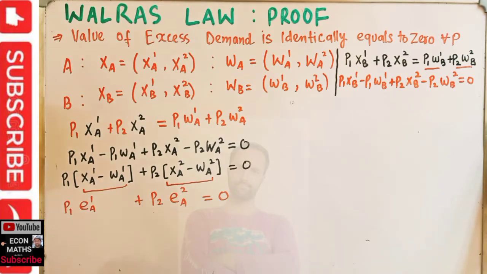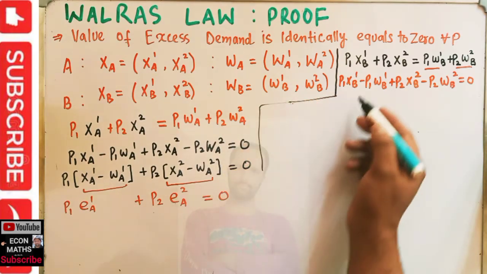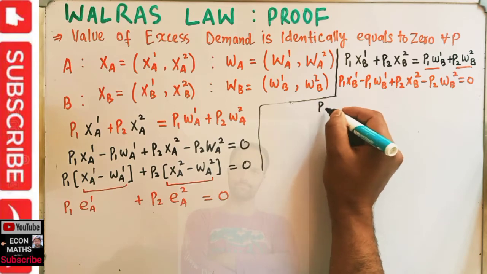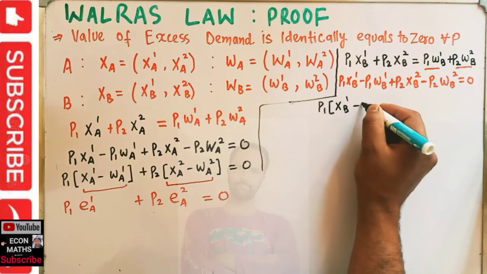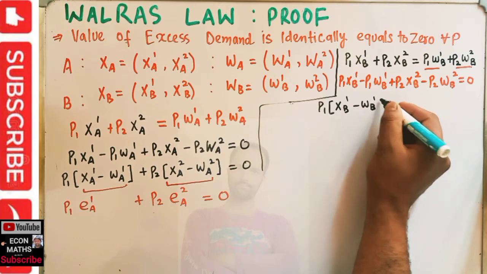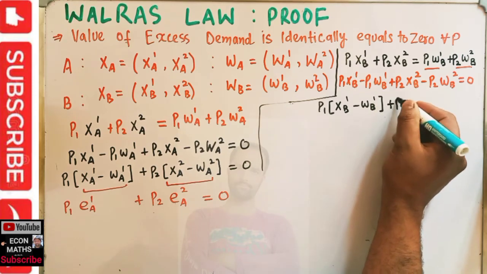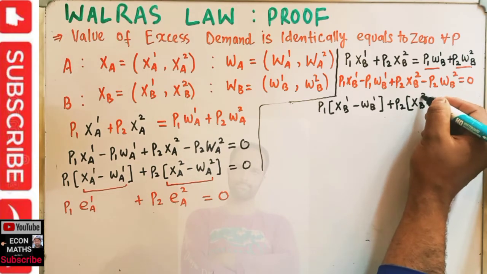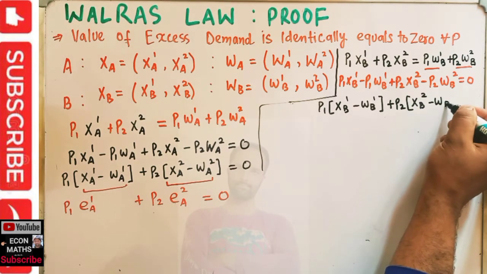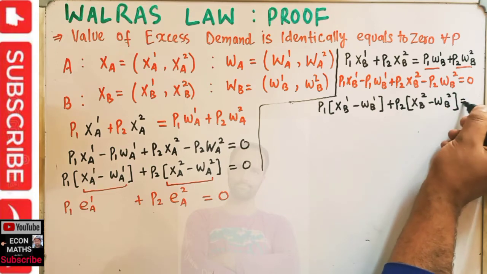Now taking P1 common, we are left with XB1 minus WB1. Here we take P2 common, we are left with XB2 minus WB2. It should be equal to 0.